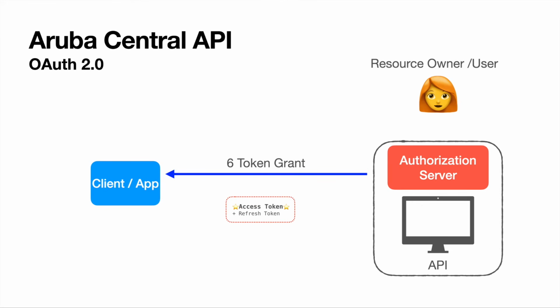This is what we're really after. This is where we receive the access token and a refresh token from the authorization server. That's like our golden ticket to get the data from the API, plus a refresh token that we're going to use for subsequent workflows, so we don't have to authenticate with the username and the password each time.